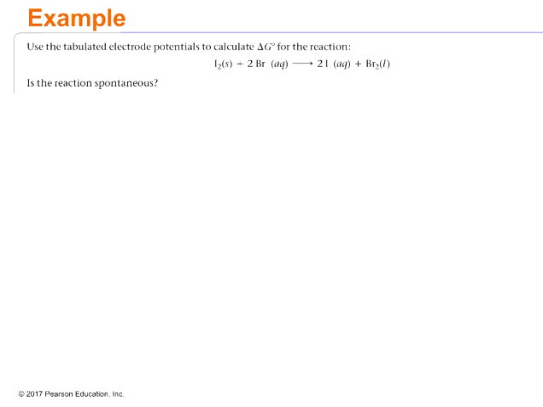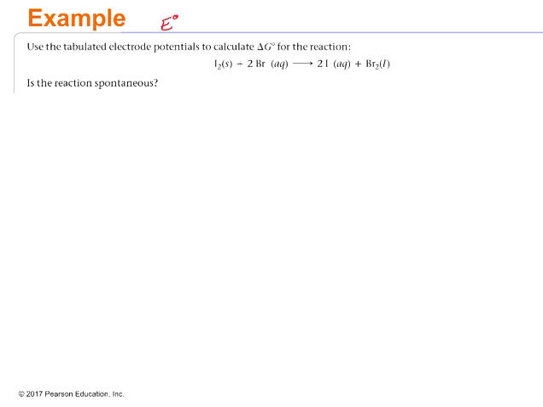We're going to use tabulated electrode potentials, those are the E values, to calculate delta G for the reaction where iodine reacts with 2 bromide ions to produce 2 iodide ions and bromine. And we're going to determine if this reaction is spontaneous.